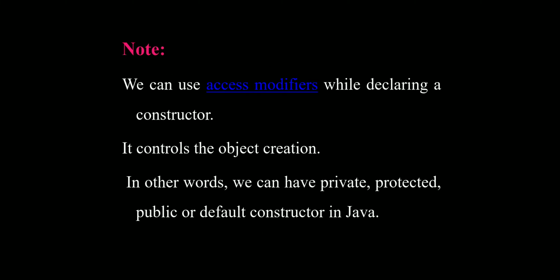Next, here is some note to understand the concept of constructor. We can have access modifiers while declaring a constructor. What are access modifiers? Those are private, protected, public. These are the access modifiers provided by Java.